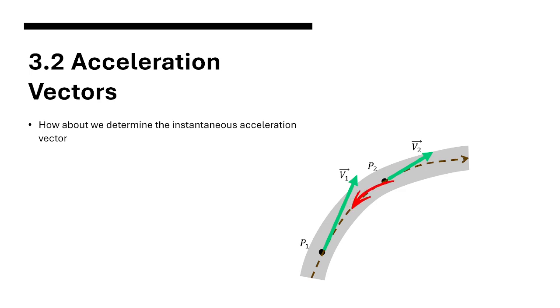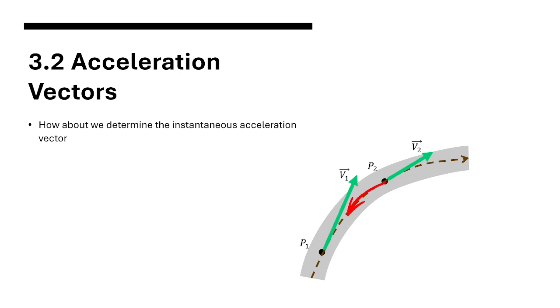If we get the instantaneous acceleration at point 1, let us say that v2 moves closer and closer to point 1. That means the change in velocity and also the change in time approaches 0.